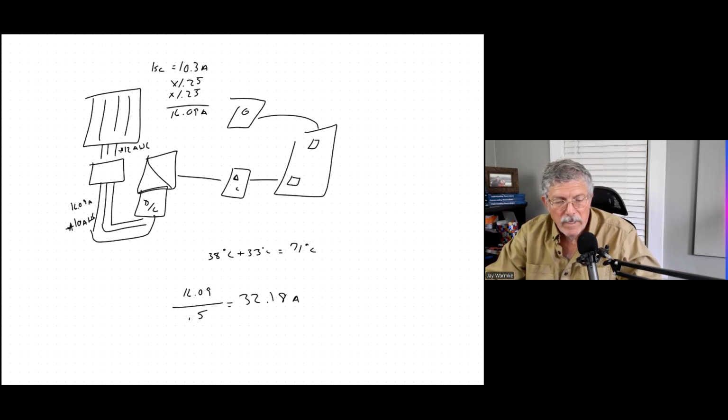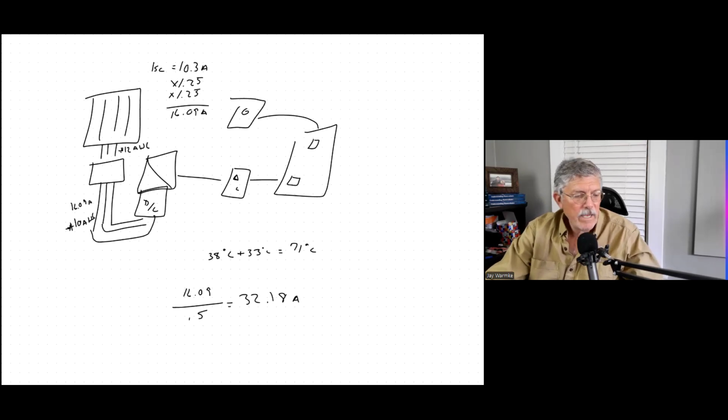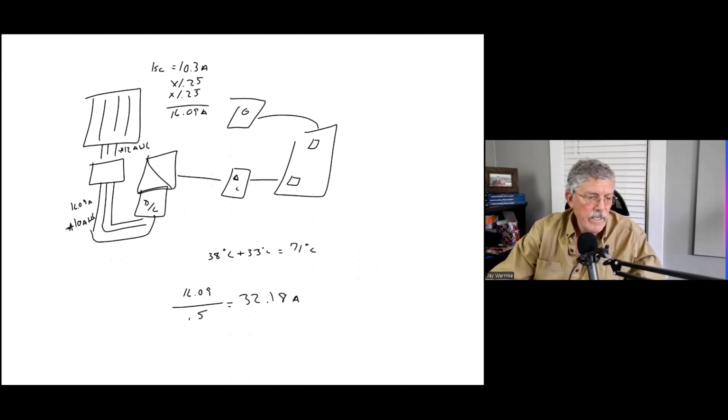Well, it's probably going to be 8 gauge wire because 40 is reading from column 1. But we're not done yet because we've got essentially 6 wires in this conduit. There's another table on page 114 that says if you've got 4 to 6 wires, you've got to derate this by 80%.